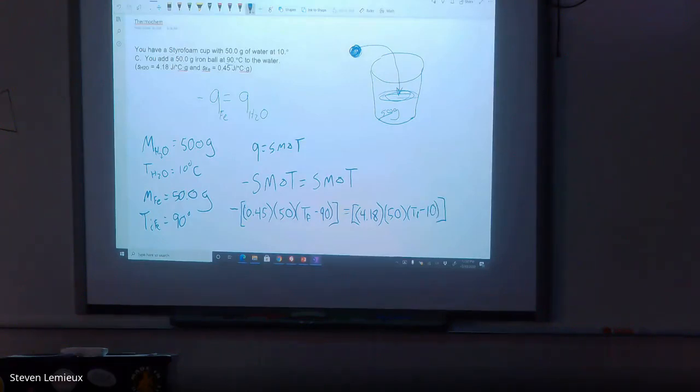So what we're going to do is multiply it out, and then combine like terms and divide so that I can get what TF is. That will be the final temperature of the iron ball and the final temperature of the water, so not just one or the other.